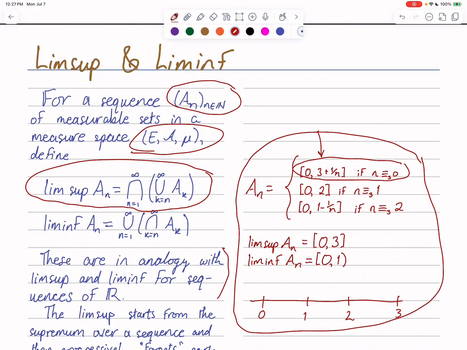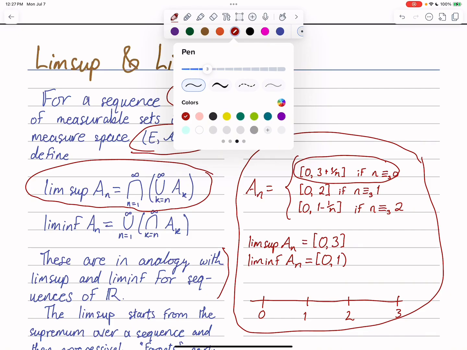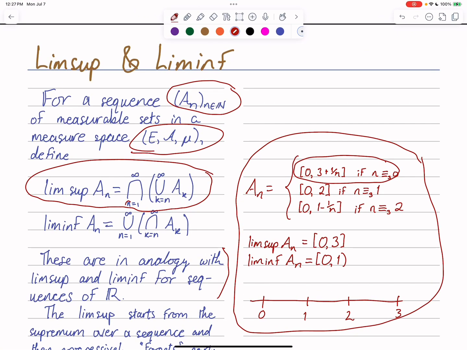Now, as we keep setting n to bigger and bigger values, we keep going through these over and over again. We'll never again get an interval as big as this, so that really is the union when we've set this n equal to 1. Okay, now set n equal to 2, which means we're now going to take our union starting at 2.